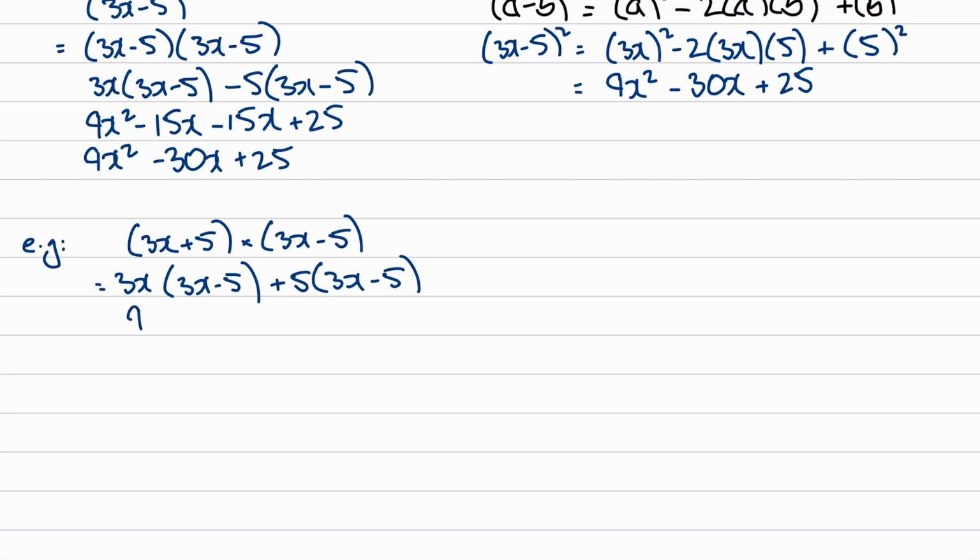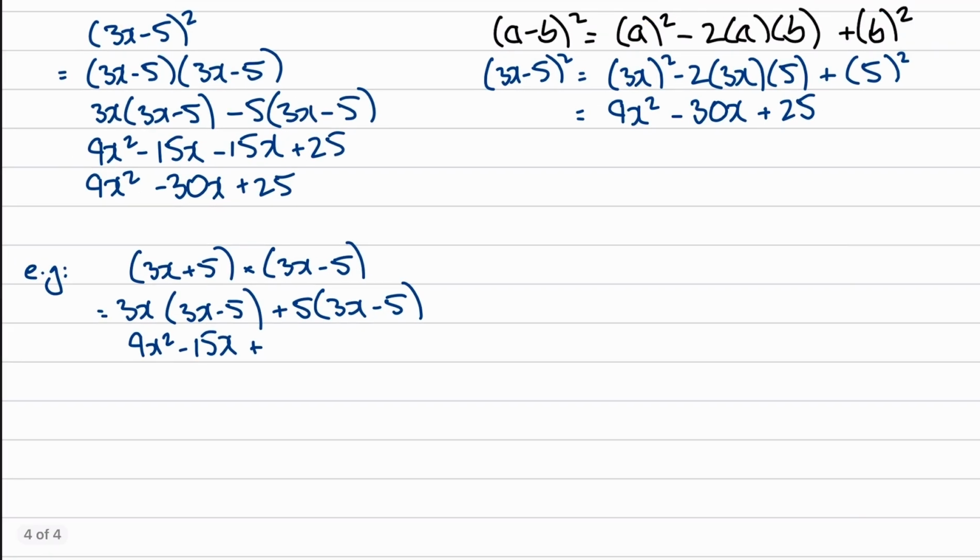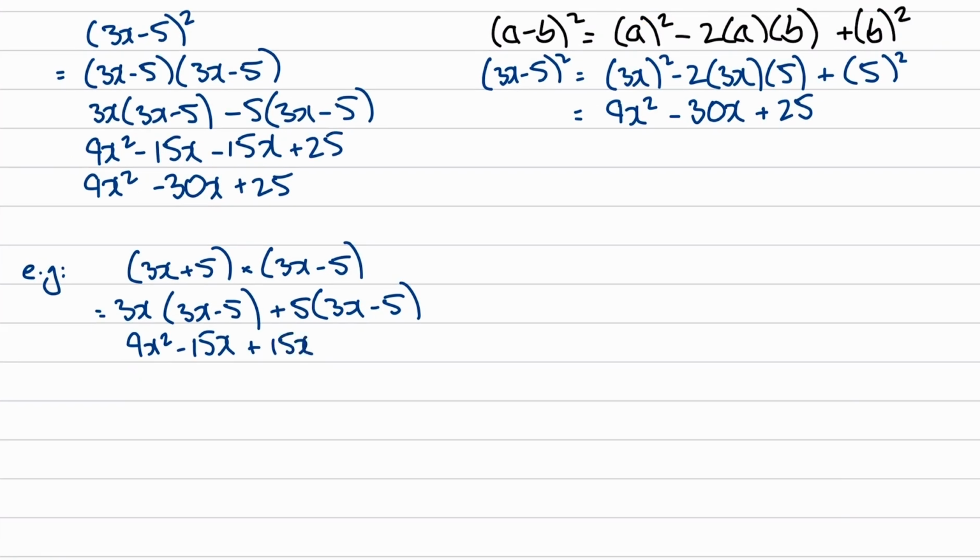which reduces to 3x into 3x is 9x squared, 3x into minus 5 is minus 15x, 5 into 3x is plus 15x, and 5 into minus 5 is minus 25.